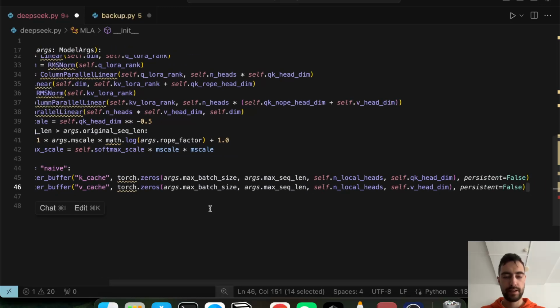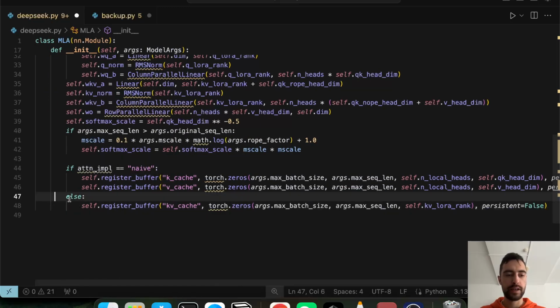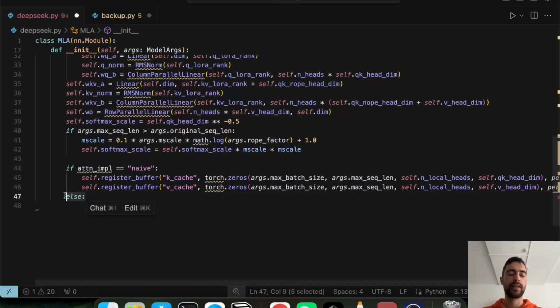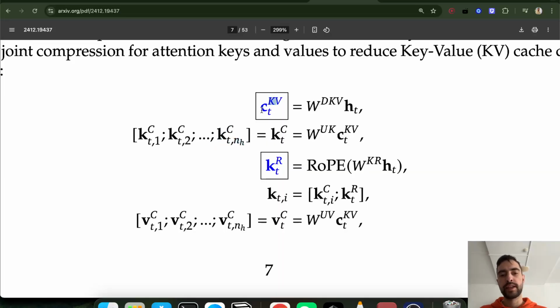But if the implementation is DeepSeek's implementation, then instead of storing the full array of keys and values, we will just store this latent vector that helps us create keys and values, this small vector, and this key vector that contains the positional RoPE encoding. I will explain, don't worry.